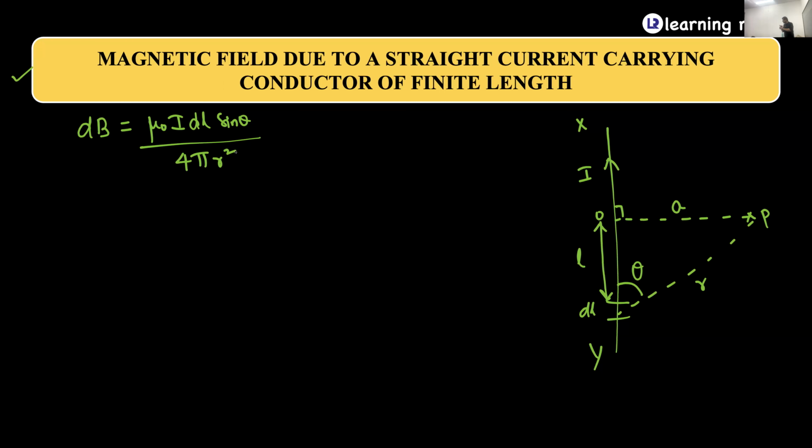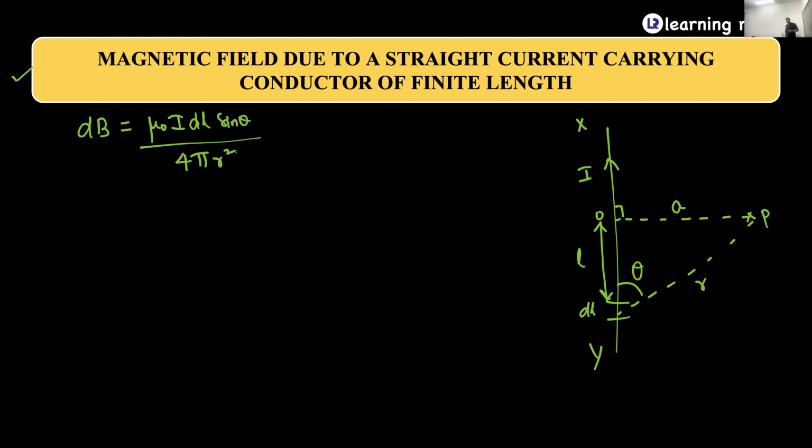Mu naught is a constant. I is a constant. It's a steady state current. dl is not a constant because dl is the thickness of the element that I have assumed, which can vary from person to person. So dl is not a constant.